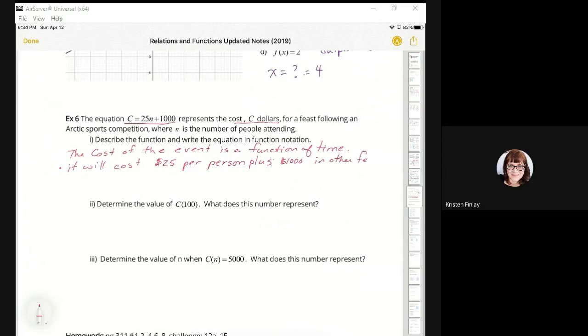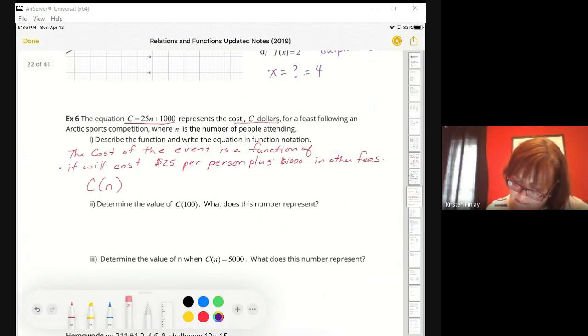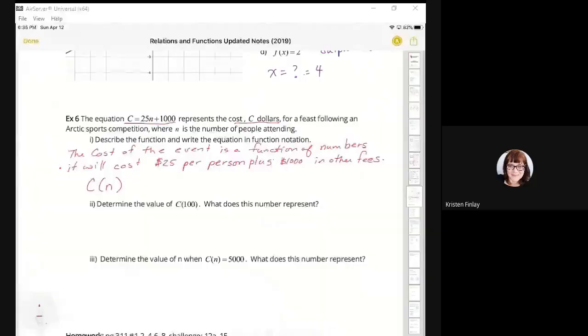So C of n, and I am going to actually change this. I don't think it's a function of time. It's a function of the number of attendees. Okay. C of n is equal to then 25n plus 1,000. So 1,000 is your base cost, and for every person attending, there's $25.